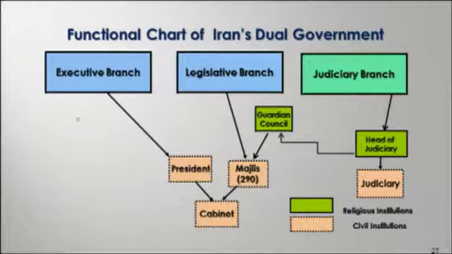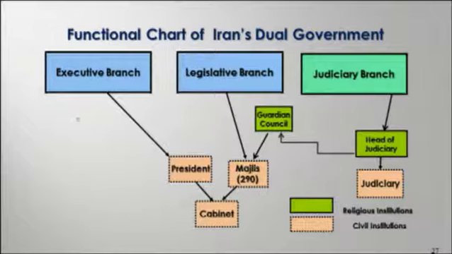As I mentioned earlier, the Guardian Council consists of 12 members: 6 theologians, who are appointed by the supreme leader, and then the 6 lay jurists, the remaining 6 of the 12 members, who, if you recall, are nominated by the judiciary subject to the approval of the parliament.